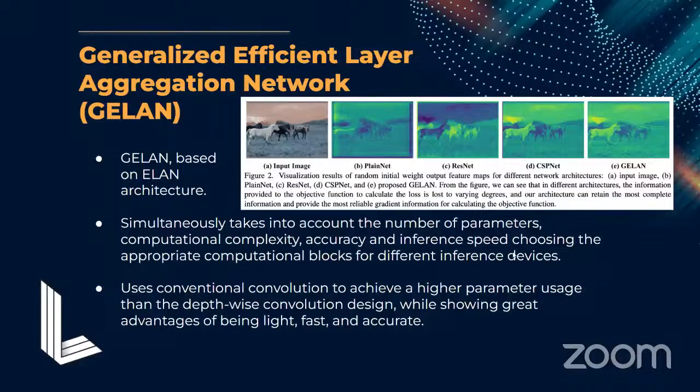From the image here, if you see at the starting stage A, where the input image has a lot of details, that is not present in other structures. Whereas in the last structure, the GELAN one, most of the details are captured here, irrespective of the depth size of the network design.